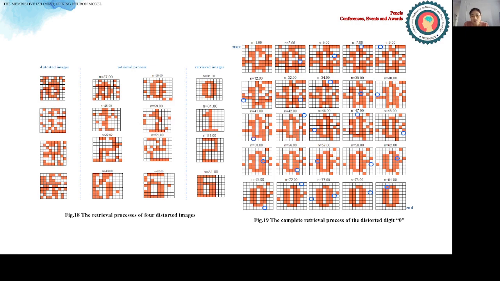To guarantee the convergence of the network, it needs 81 iterations. The simulation results show that the MIZH spiking oscillatory network can memorize and retrieve the fundamental patterns correctly and successfully.